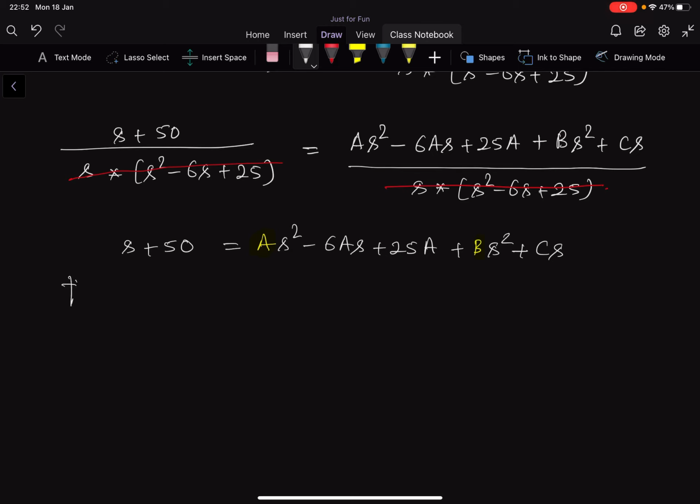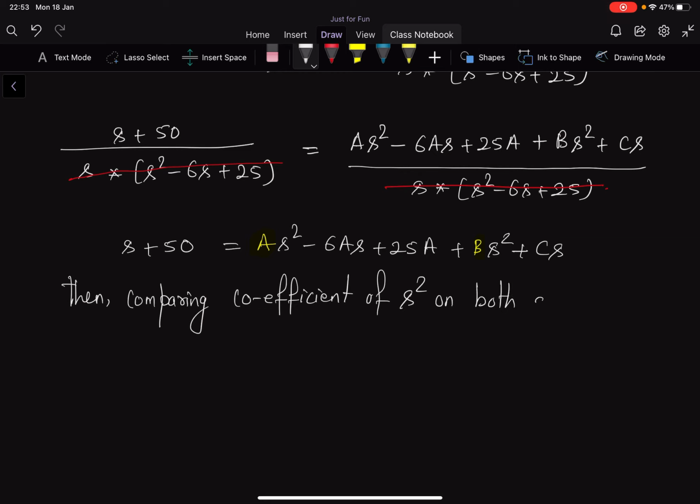Then, comparing the coefficient of s square on both sides. On your left hand side we don't have any s square there. So since we don't have anything on the left hand side, we say 0.